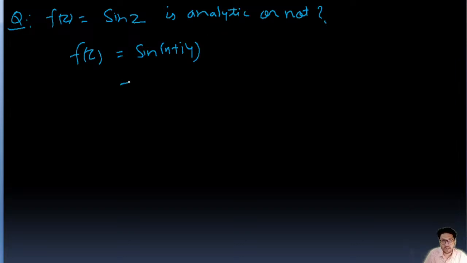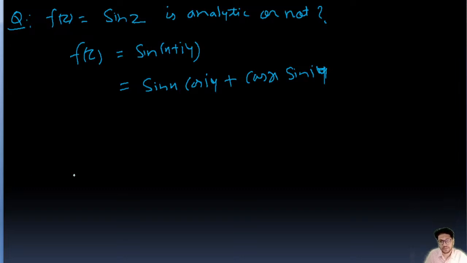We open it with the formula sin(a plus b) equal to sin a cos b plus cos a sin b, so it is sin x cos iy plus cos x sin iy.